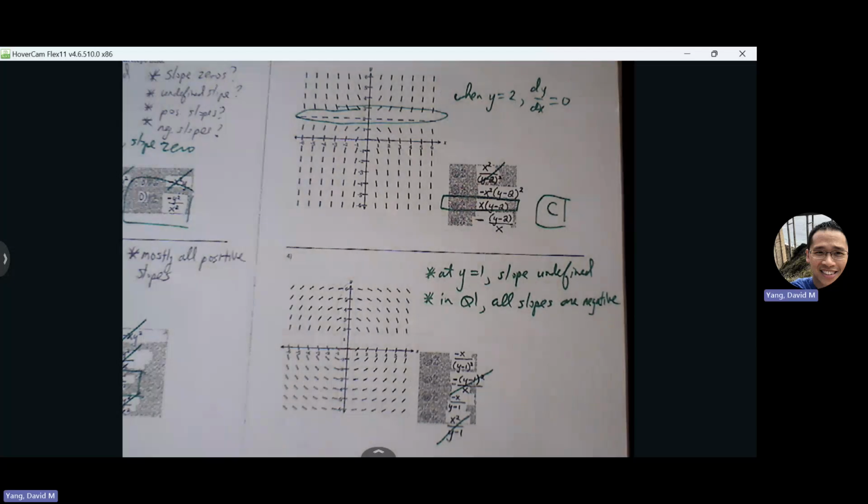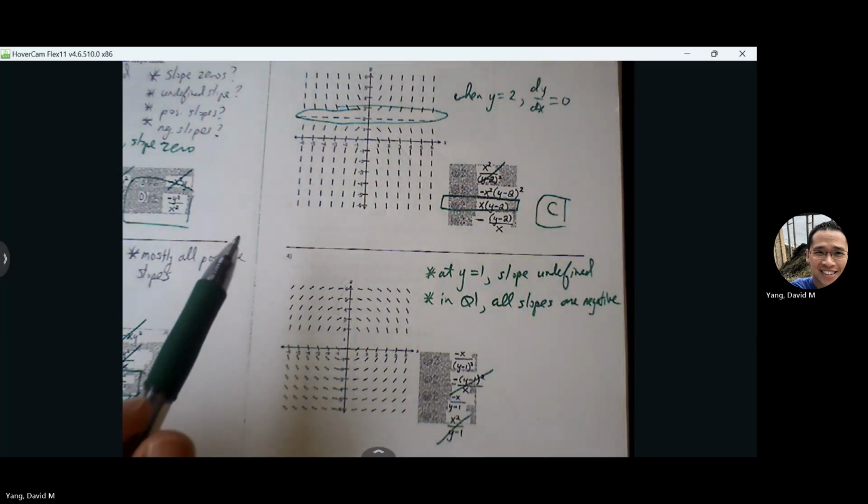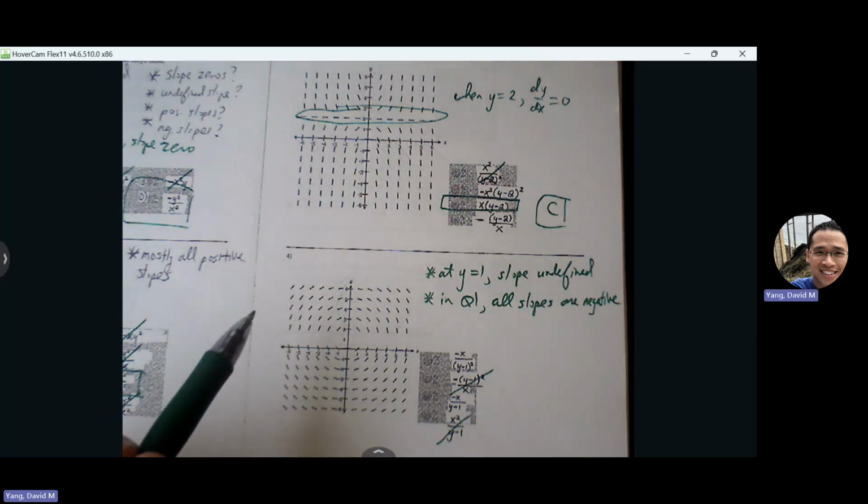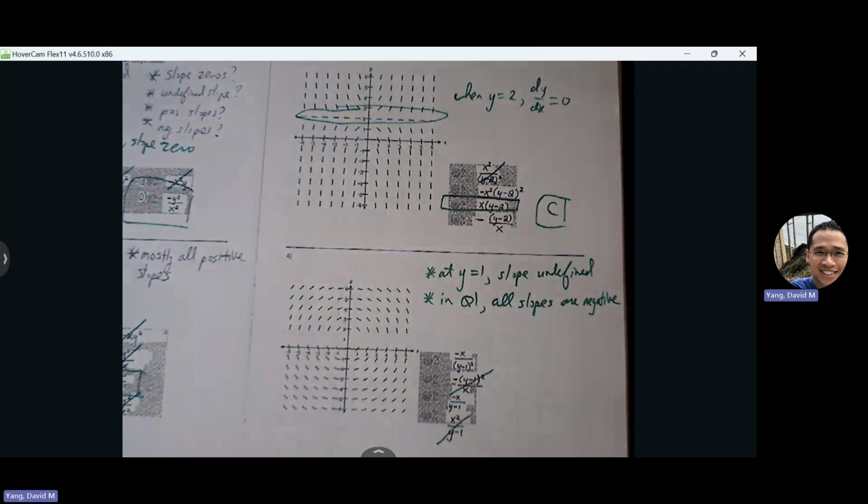Okay, so I'm down to A and C. Quadrant 1 is negative, quadrant 3 is negative, and 2 and 4 are positive.